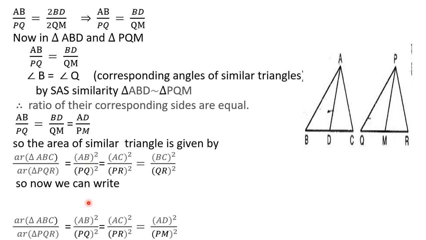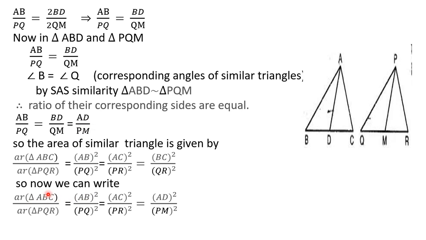So we get area of triangle ABC upon area of triangle PQR is equal to AB square upon PQ square, or it is equal to AC square upon PR square, or it is equal to AD square upon PM square.